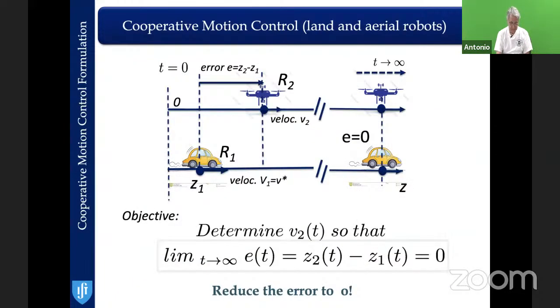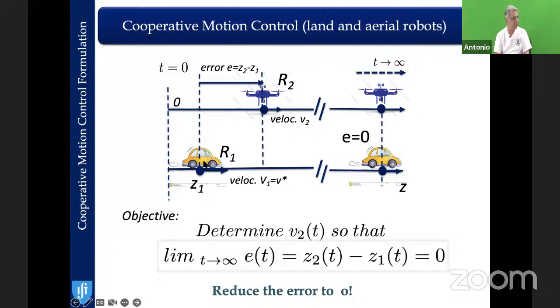Okay, let me give you another example of control design where I touch very lightly on cooperative motion control. So suppose you have a car that moves along the coordinate Z1, and then you have a quadrotor that moves along a coordinate Z2.